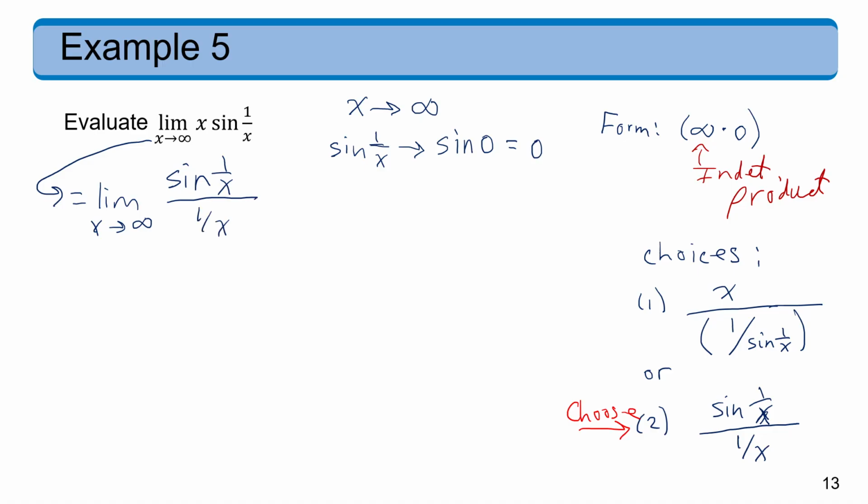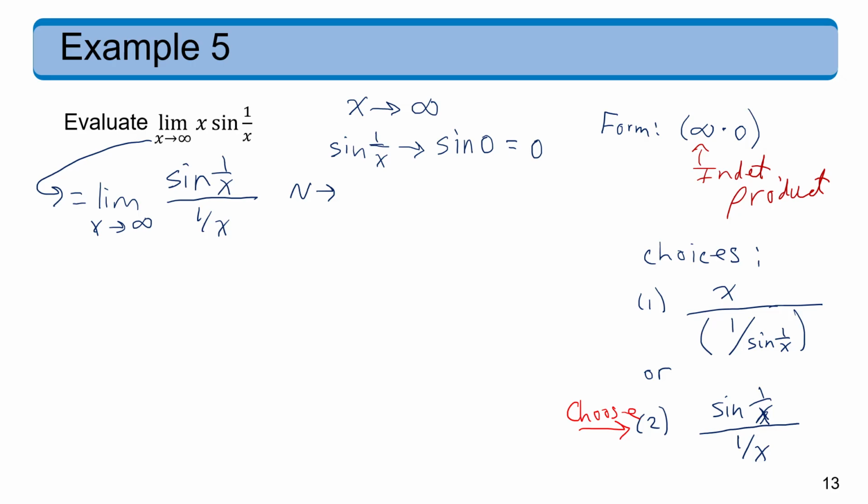Now this should be a form to use L'Hopital's rule, but let's check this. So here, the numerator, we did this once, right? We said sine of 1 over x is approaching 0. So the numerator is approaching 0. And then 1 over x is not listed here, but we know as x goes to infinity, 1 over x would go to 0.